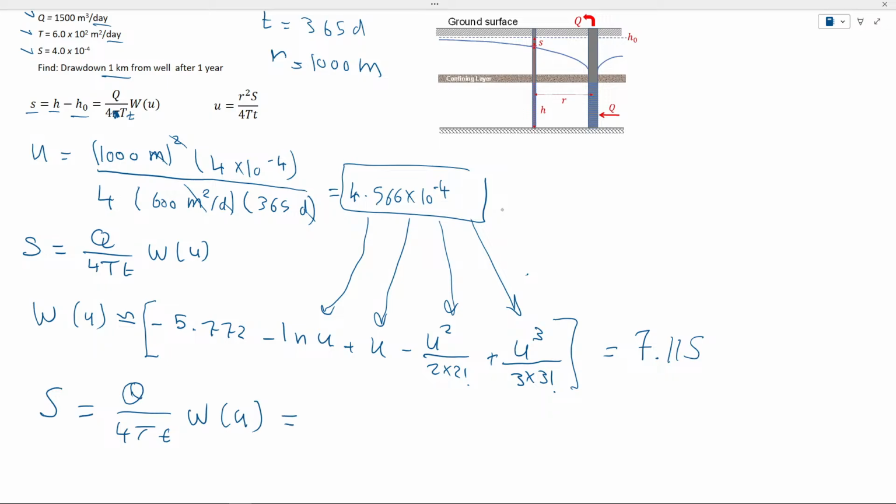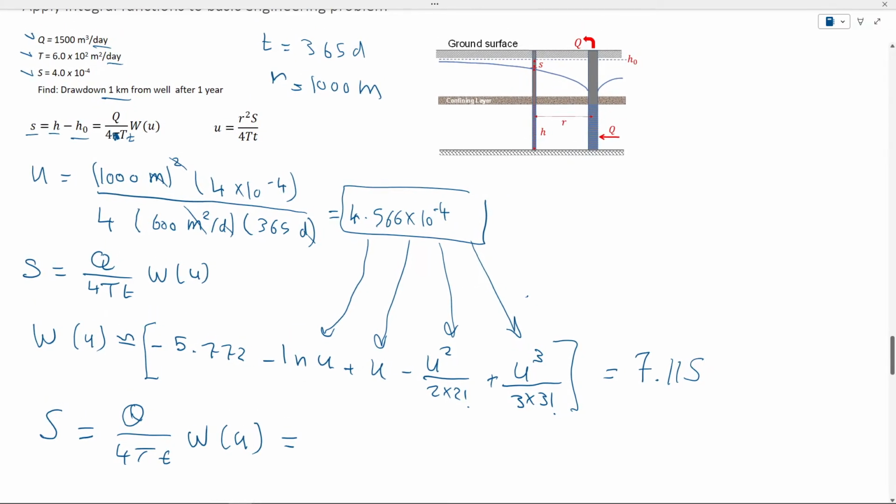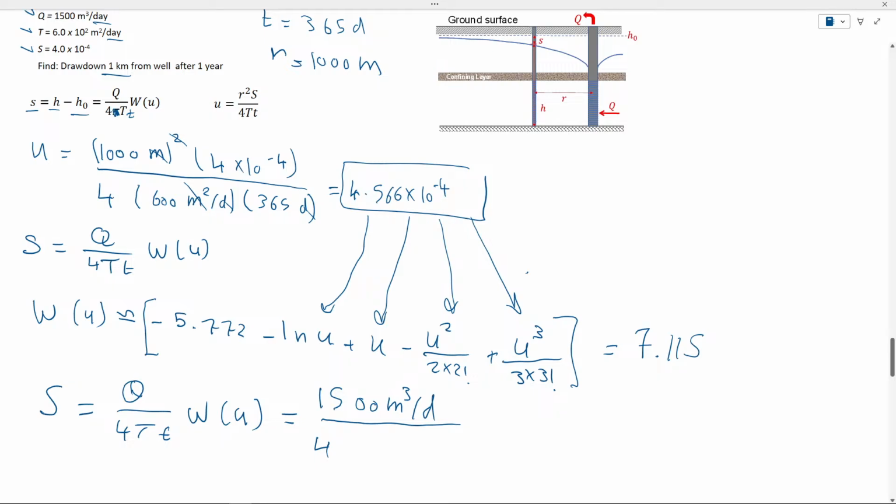Q is given here, 15 meter cube per day, divided by 4, T is given, which is 600 meter cube per day.